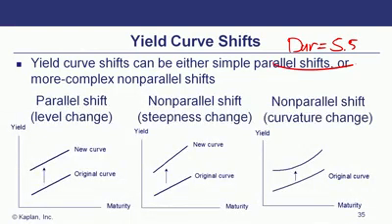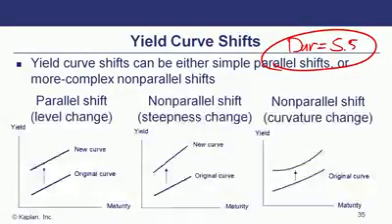So if interest rates go up by 1%, the value of this bond is going to go down by 5.5%. If interest rates go down by 1%, the price of the bond goes up by 5.5%. So there's an inverse relationship between prices and yields.